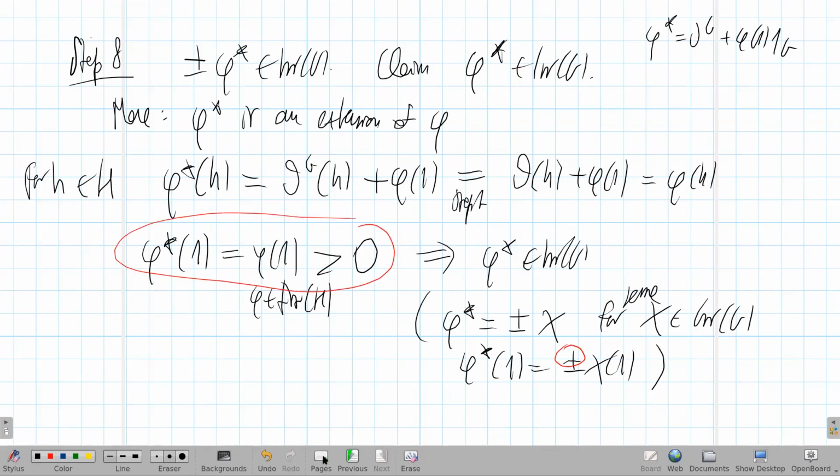And now we are nearly there, although we will have to consider an important thing. So step 9.